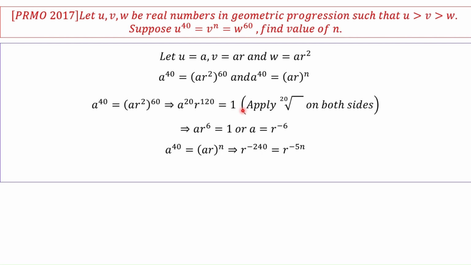Now you substitute this in the second equation, which is A to the power of 40 equals AR to the power of n. Correct? If I substitute A equals R to the power of minus 6, then it will become R to the power of minus 240 equals R to the power of minus 5n, which means 5n is equal to 240, or n equals 48.